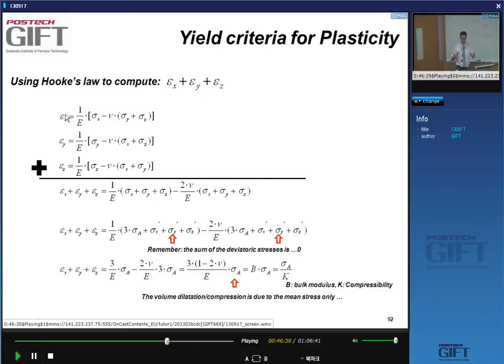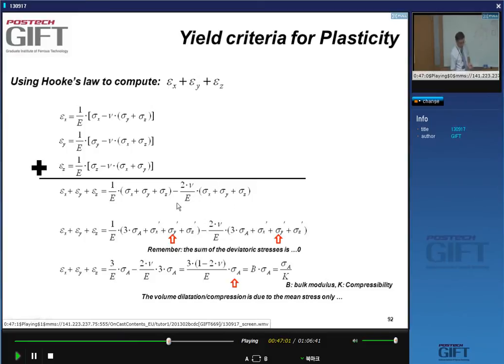We know that epsilon x, epsilon y, and epsilon z are given by these three equations for x, y, and z, again parallel to principal directions. Yes? So epsilon x plus epsilon y plus epsilon z is equal to 1 over E times sigma x plus sigma y plus sigma z, and then this other term, 2 times the Poisson ratio divided by E, and the same sum.